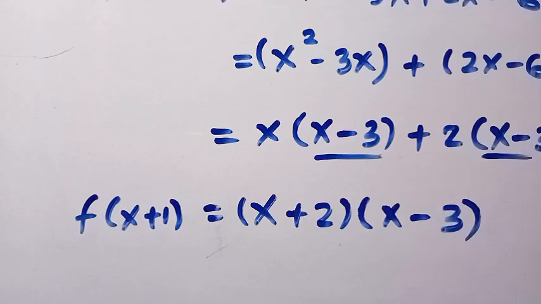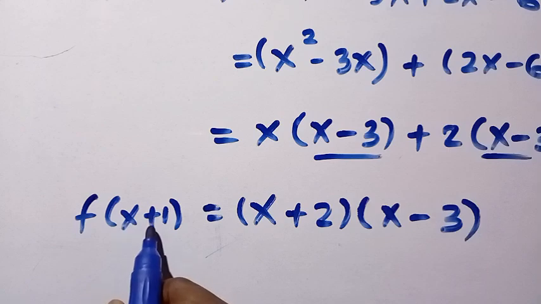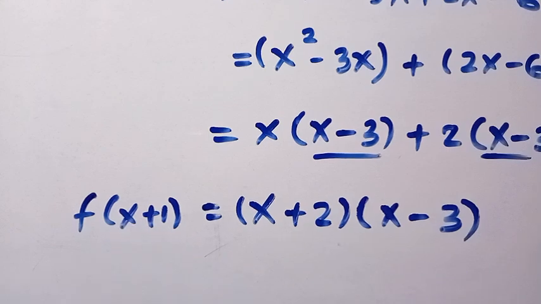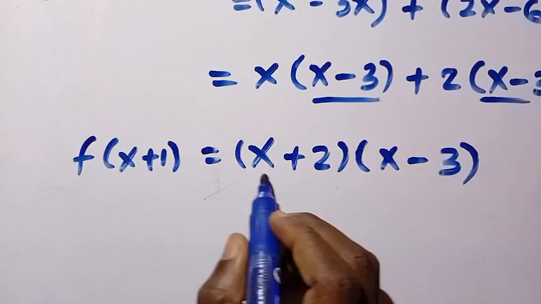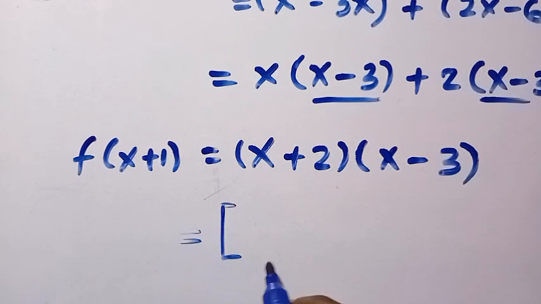But we want to manipulate this domain. The domain is given as x plus 1, and I want everything here to look like x plus 1. By manipulating this, we create a larger bracket.